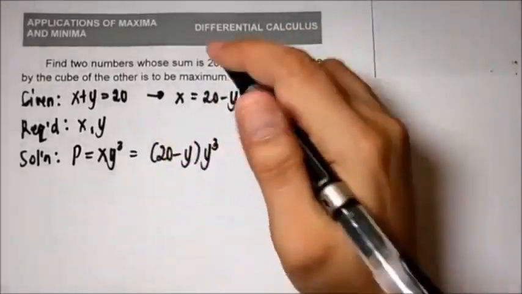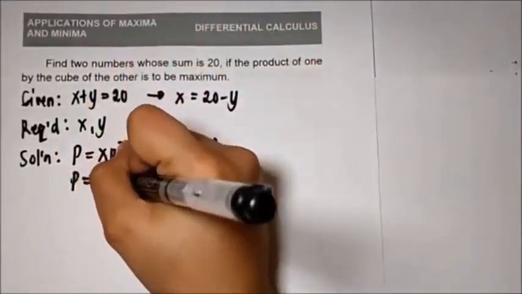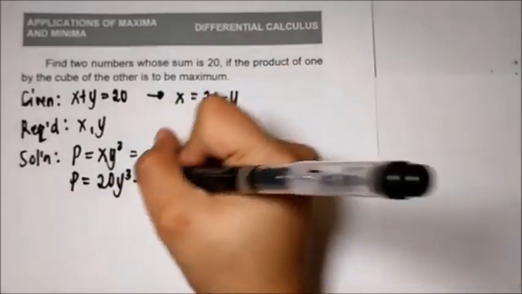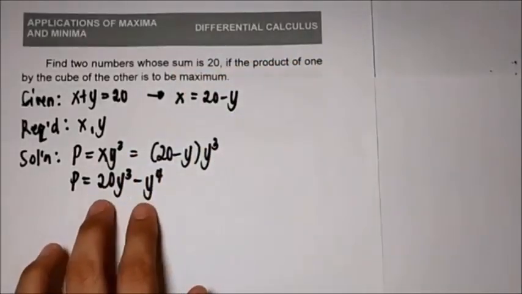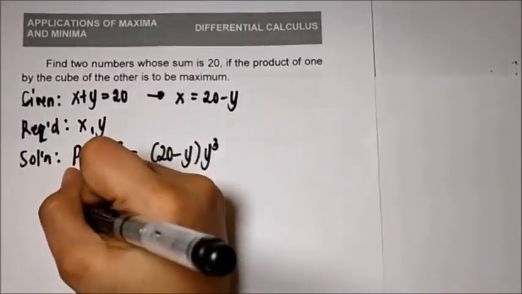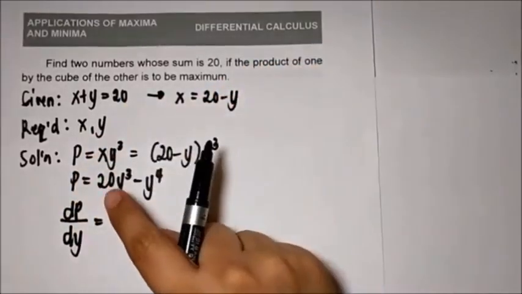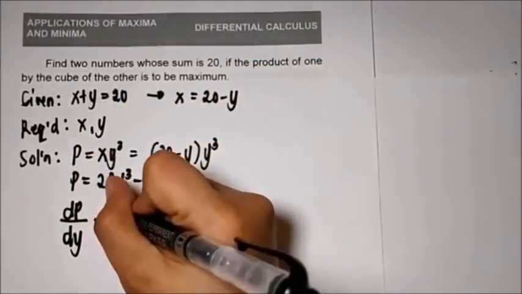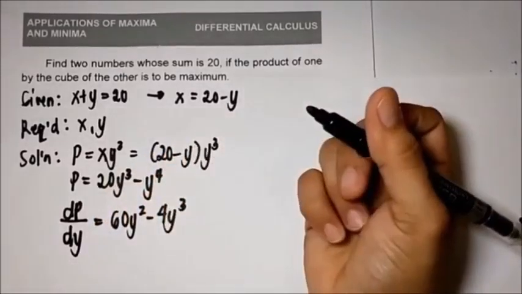So our working equation now is 20y cubed minus y times y cubed, that would be y raised to 4. Since we already have one variable, we can now differentiate this with respect to y. The derivative of P with respect to y is 60y squared minus 4y cubed.